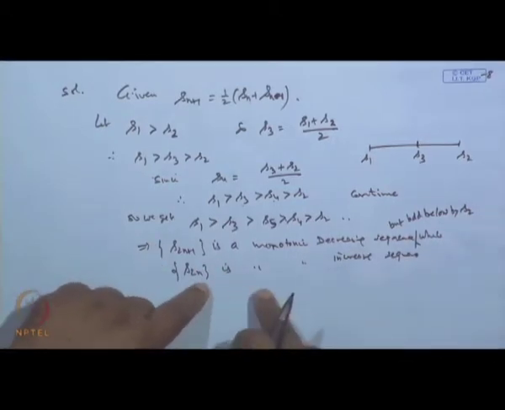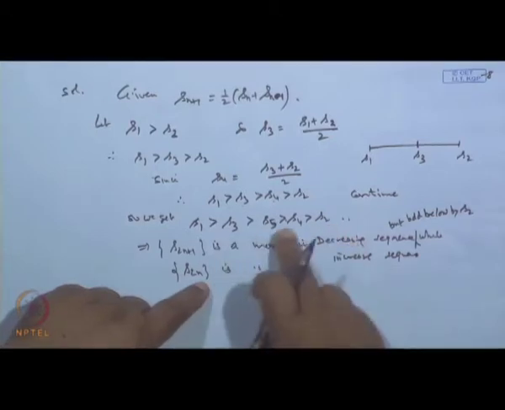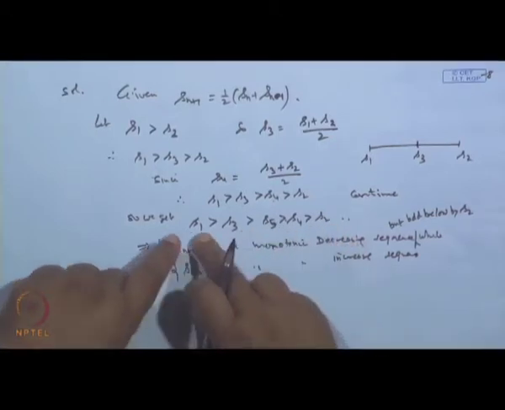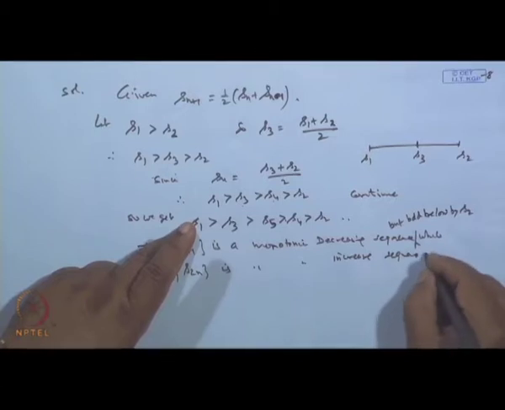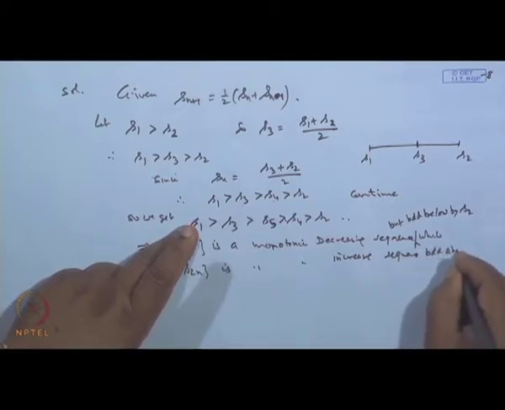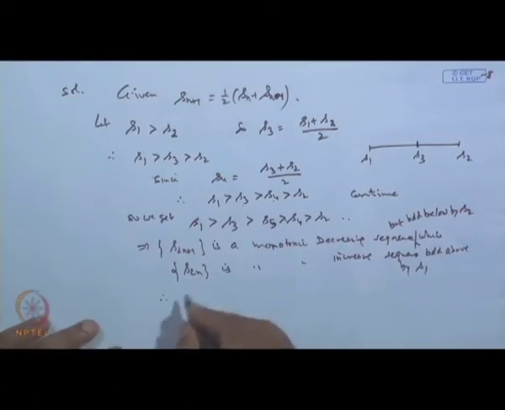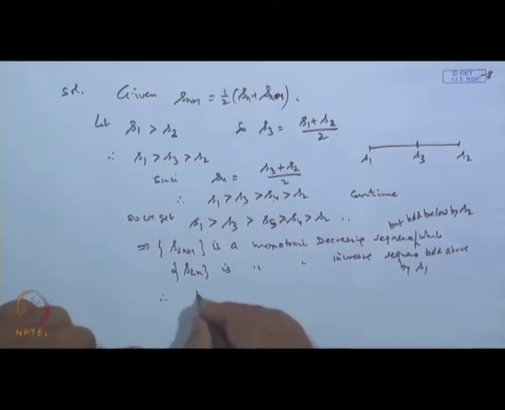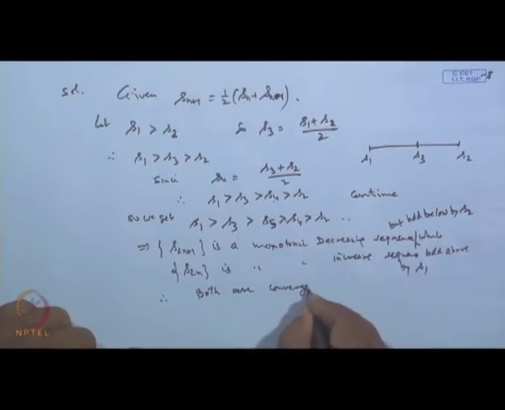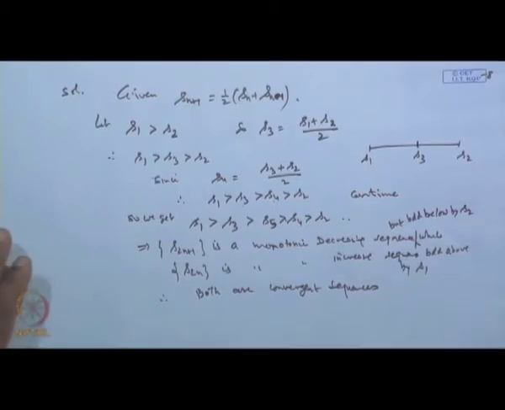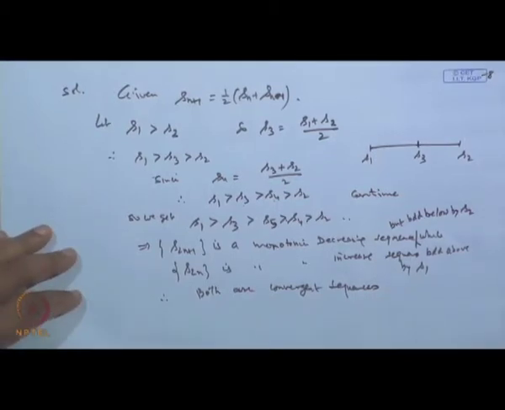S2n is increasing, but it is bounded above by S1. So, this shows that both sequences are convergent. Then whether they will converge to the same limit or not, let us see.